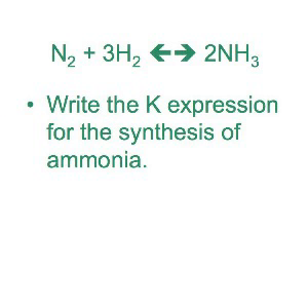Again, products in the numerator, reactants in the denominator. For your K expression, you should have K equals the concentration of NH3 squared divided by the concentration of N2 to the first times the concentration of H2 cubed.